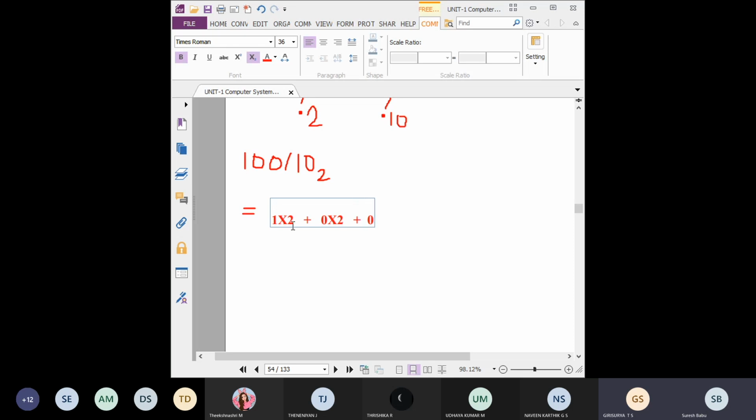Then adding another digit: next digit is 0 into 2 power something. Then the next character, 0, multiplied with 2 power. Then the next value, 1 multiplied with 2, adding another digit. The next digit is 1 multiplied with 2 power, then adding, then again 0 into 2.